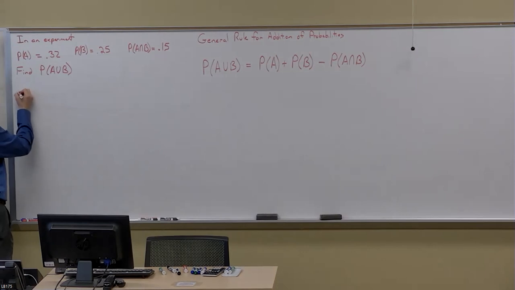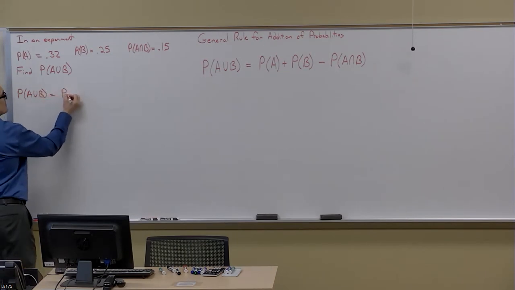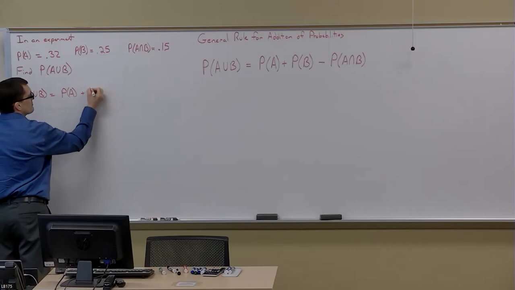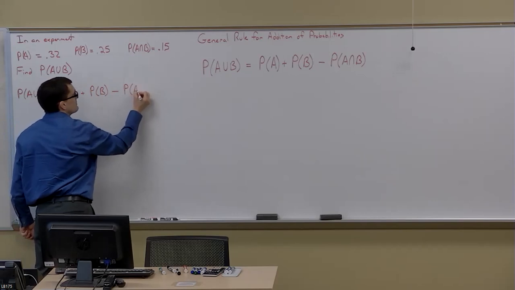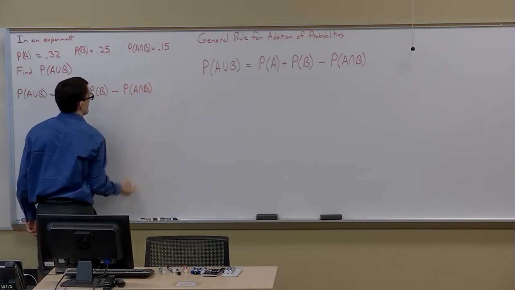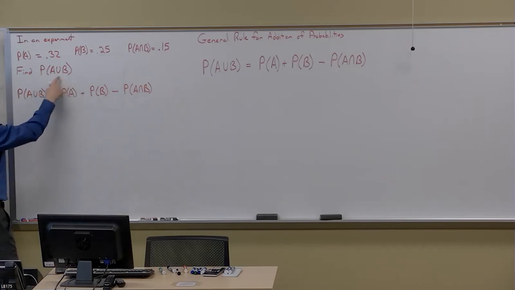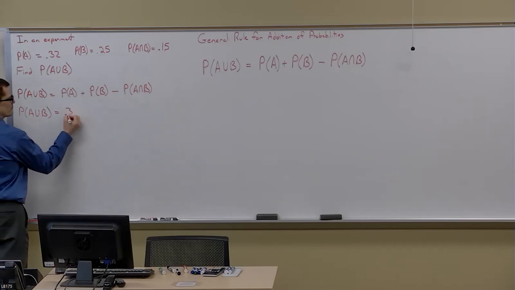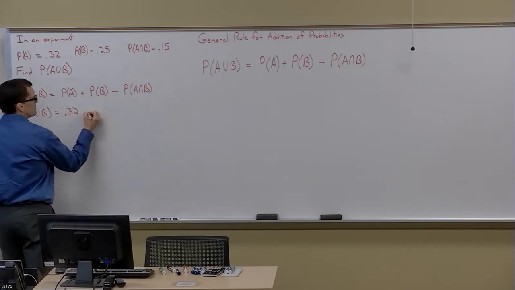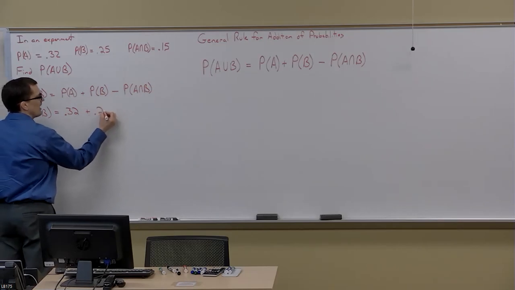We're going to say, well, we know the probability of the union has to be the probability of A plus the probability of B minus the probability of the intersection. The probability of the union is the one I don't know, so I'm just going to keep that as probability of the union. Probability of A, it tells me is 0.32. Probability of B, it tells me is 0.25.